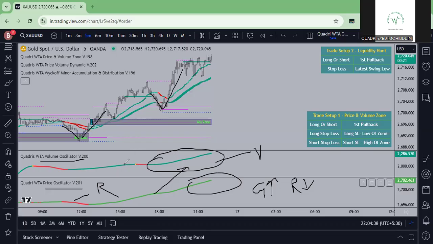Then we can see the portions where there is high volume activity.